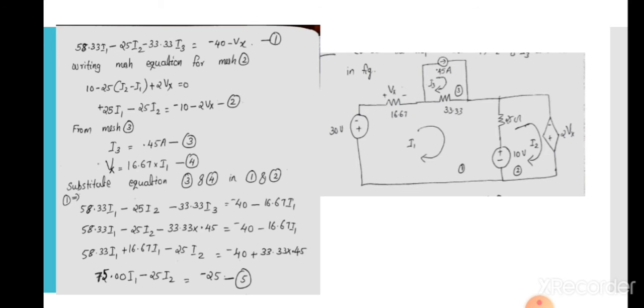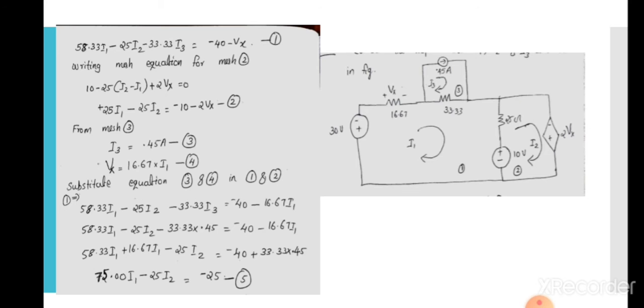So you can write it 10, and what is the voltage drop across 25 ohm? That is minus 25 into I2 minus I1. So 10 minus 25 into I2 minus I1. What is the voltage drop across the dependent source? That is plus 2 Vx.